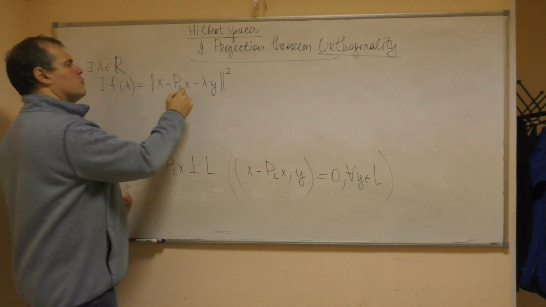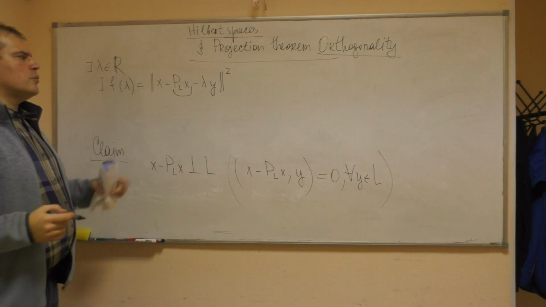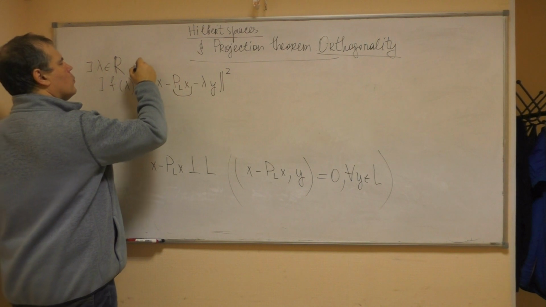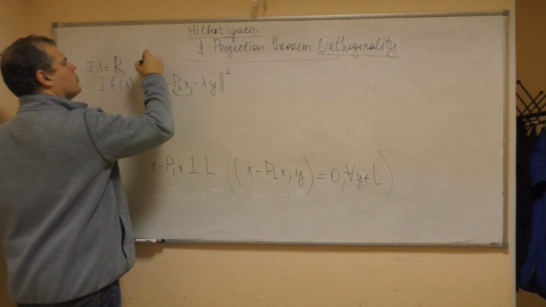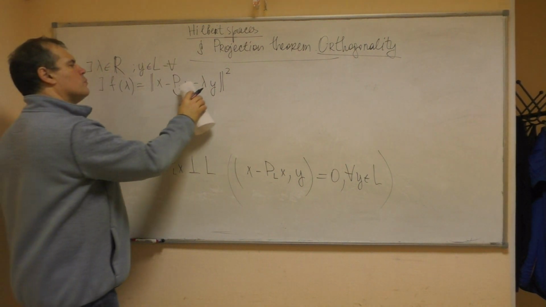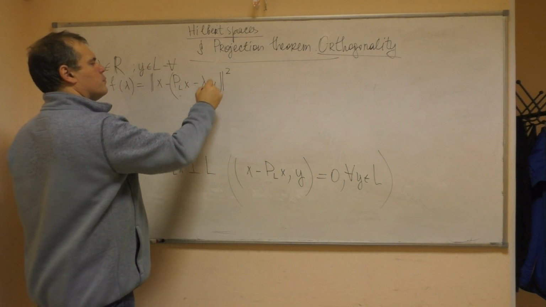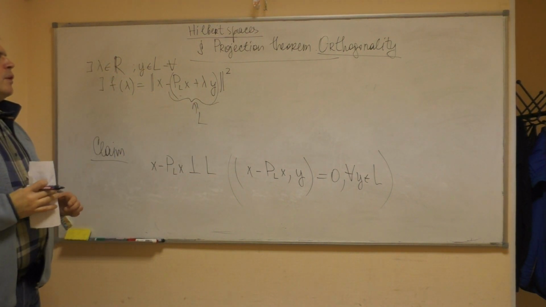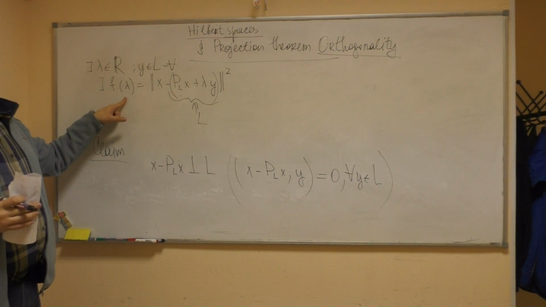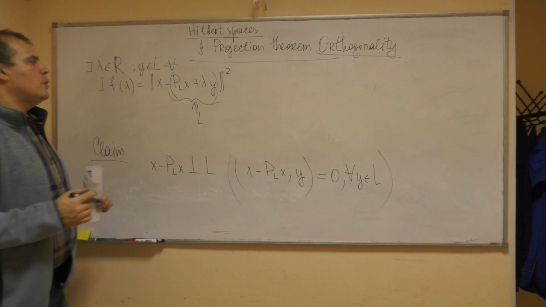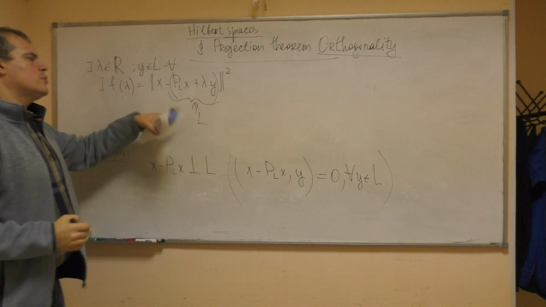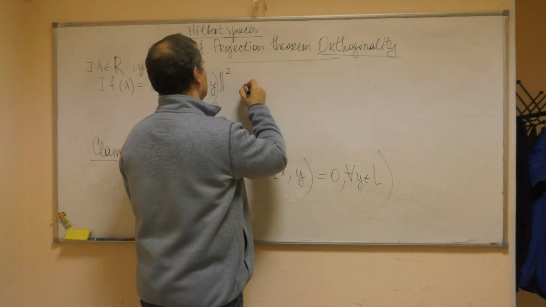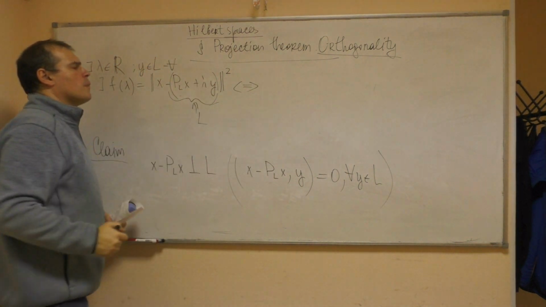We know that this element is closest to X in A, and Y is some arbitrary element from A. So this element is also some element from A. This function achieves its minimum if here we have the closest element to X in A. So it's easy to see that the minimum is achieved with lambda equal to 0, because in this case we have only this part.